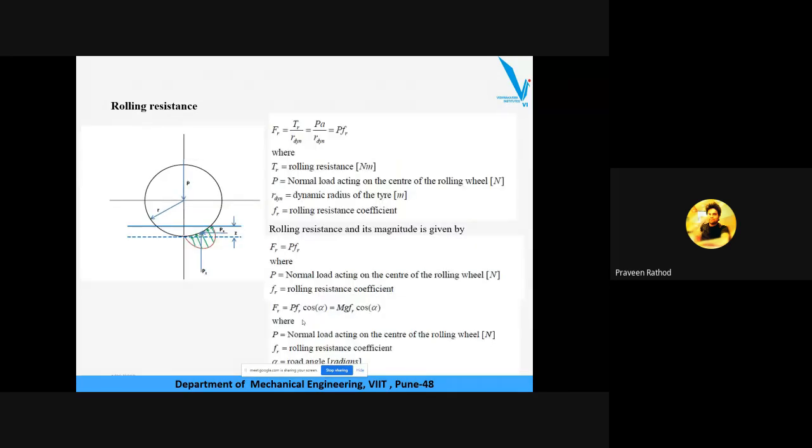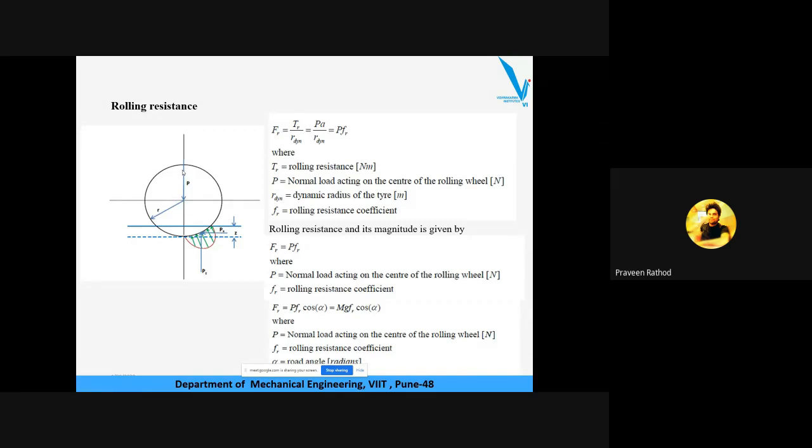To keep the wheel rolling, a force Fr acting at the center of the wheel is required to balance the rolling resistance moment. Why is it required? To balance the rolling resistance moment.